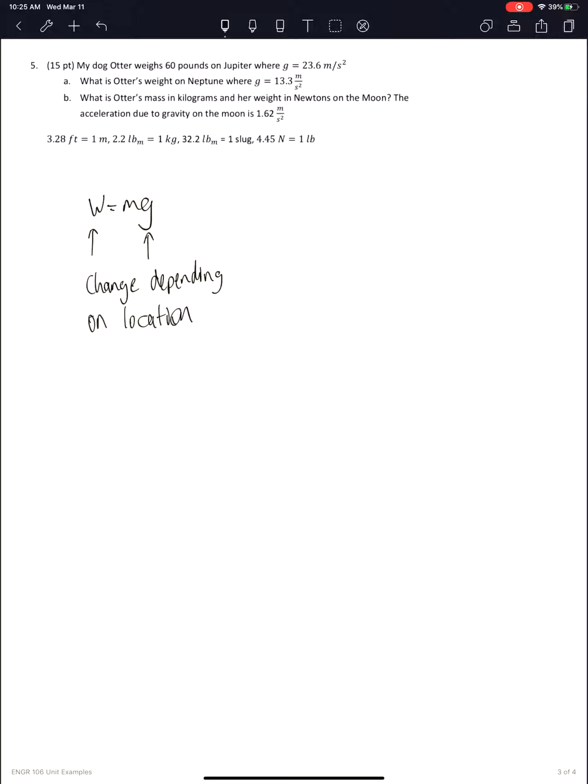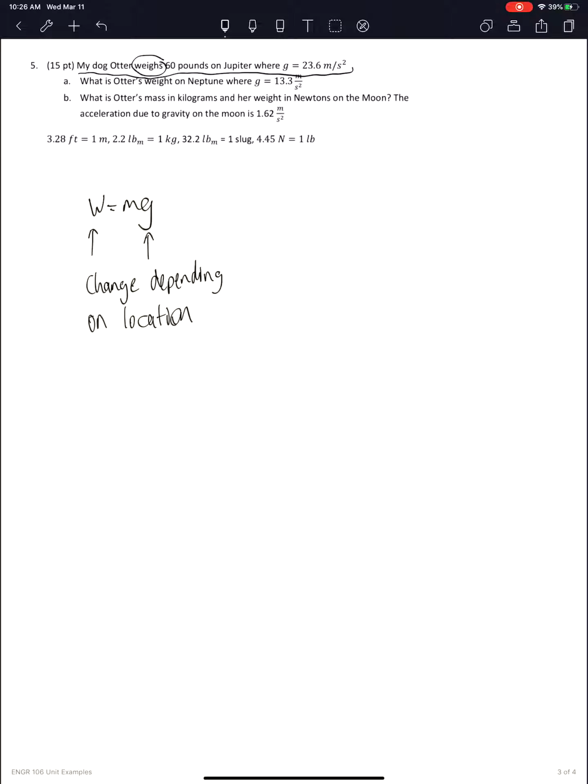The strength of the gravitational force changes depending on where you are. So in this calculation, I have that my dog Otter weighs 60 pounds on Jupiter. This is a weight. And recall, whenever I give you something in pounds, that is a weight. If it's in pounds mass, it is a mass, and that distinction is important.